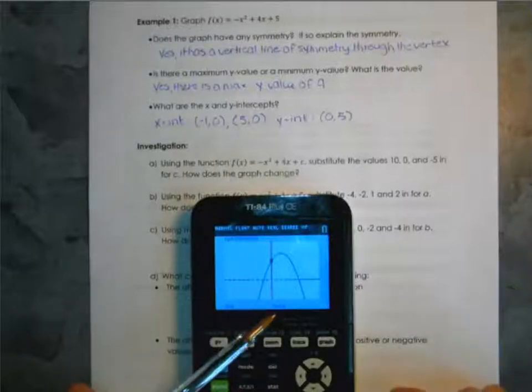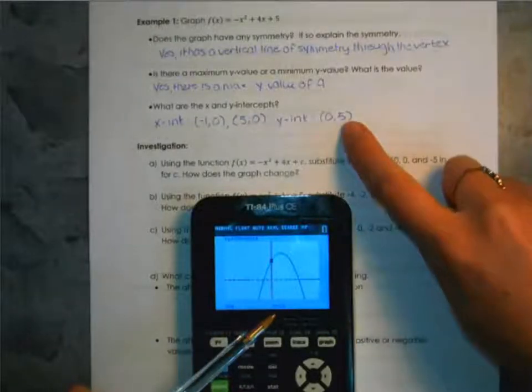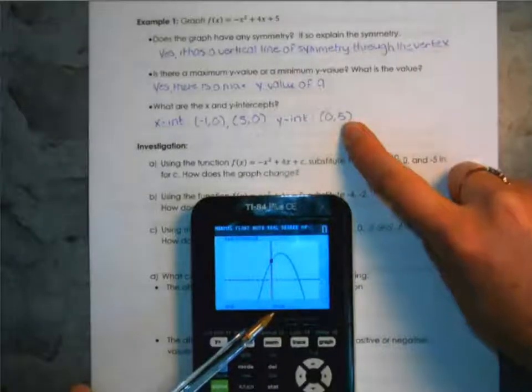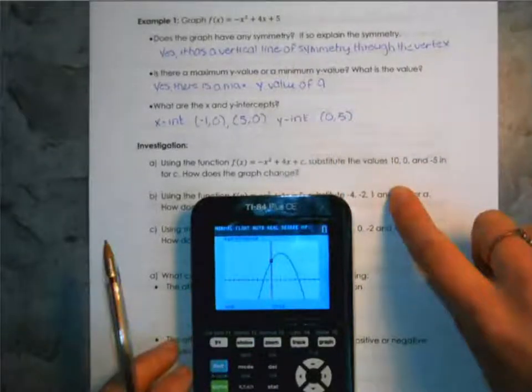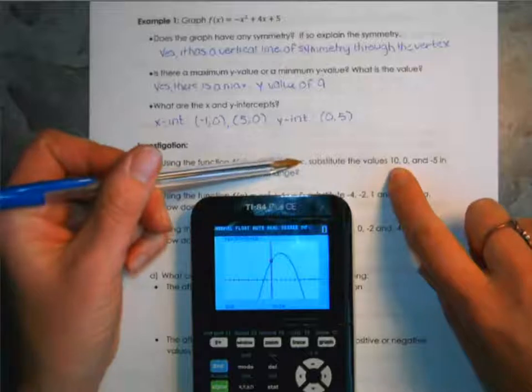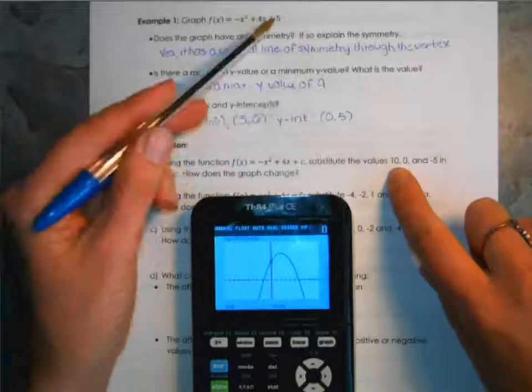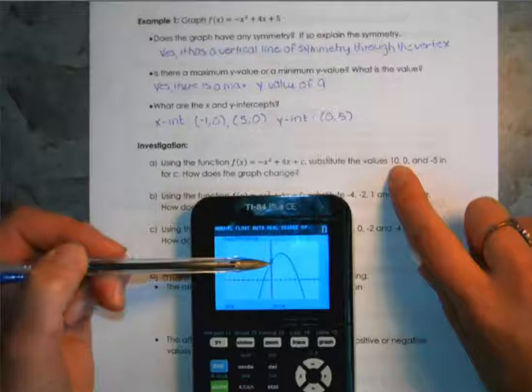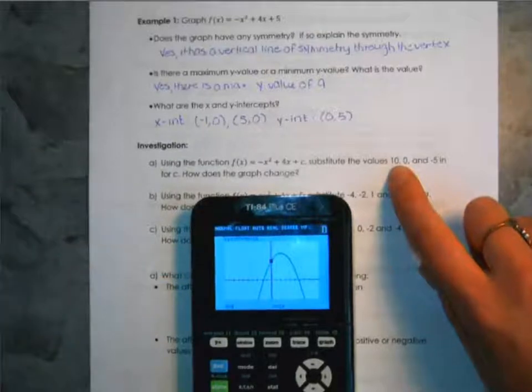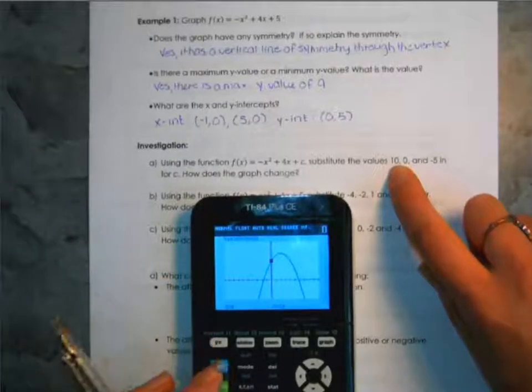Now we can see our y-intercept is 10, and last time it was at 5, right? If we think about what we just changed, we substituted our c value for 10, so instead of the 5 that we had before, now our y-intercept is 10.